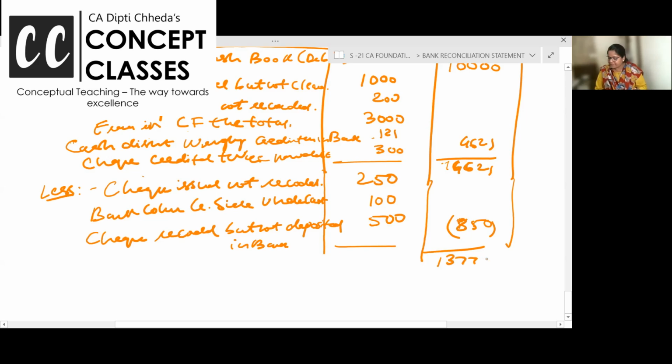One three seven seven one. 13771 is the balance as per passbook.